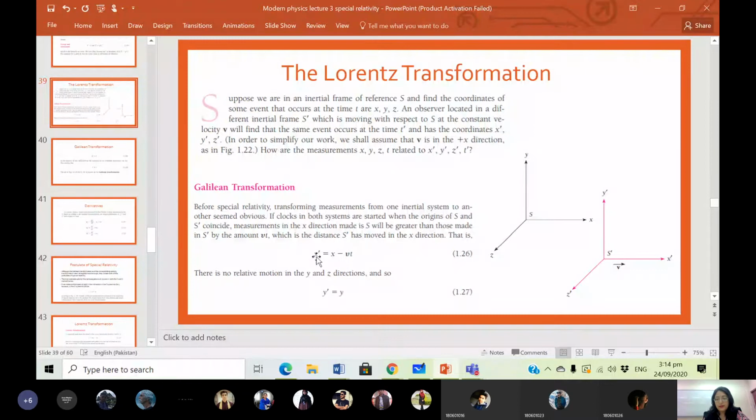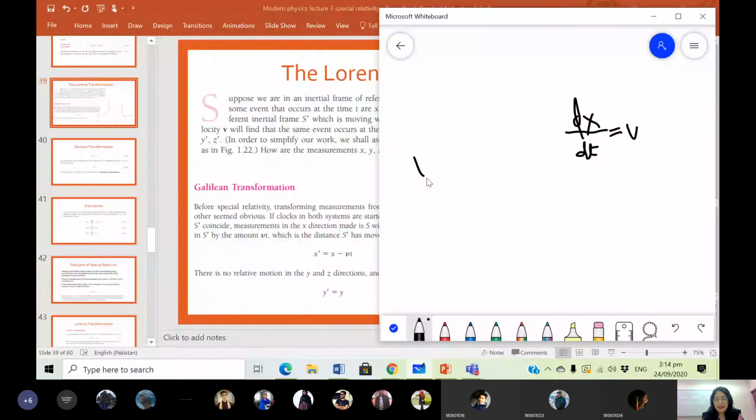Okay, let me write some things on the board. So if you have x dash equals x minus vt, okay? Now take the derivative of this equation with respect to dt dash.